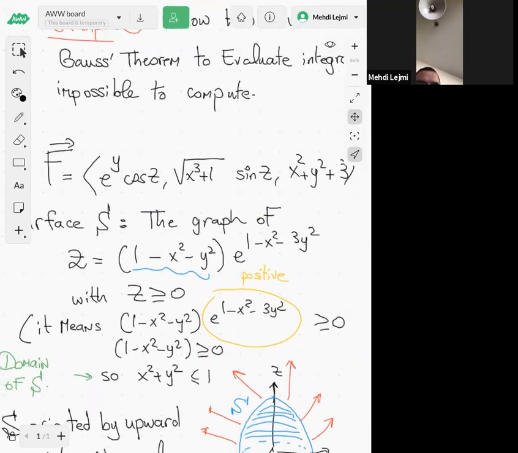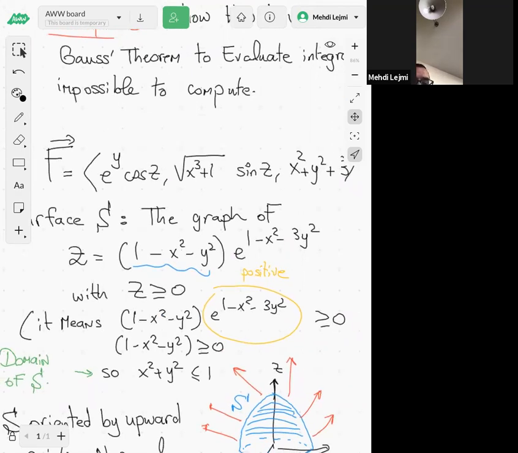Now your x is u, y is v, and z is this complicated function, 1 minus u squared minus v squared times the exponential of minus u squared minus 3v squared, and so on, and then the scalar product with the normal vector, Tu cross Tv.